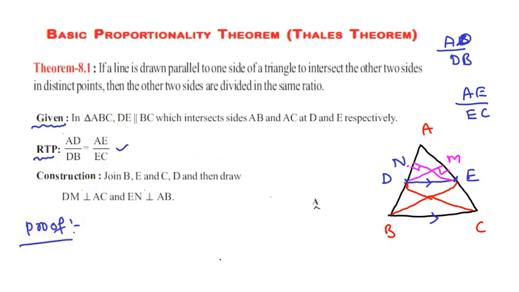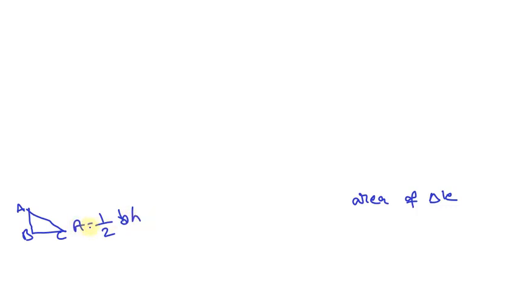Before going to learn the proof of this, students have to understand two important concepts. Let me explain them. First one is regarding the area of a triangle. If you take a right angle triangle and they ask us to find the area, we write half into base into height.